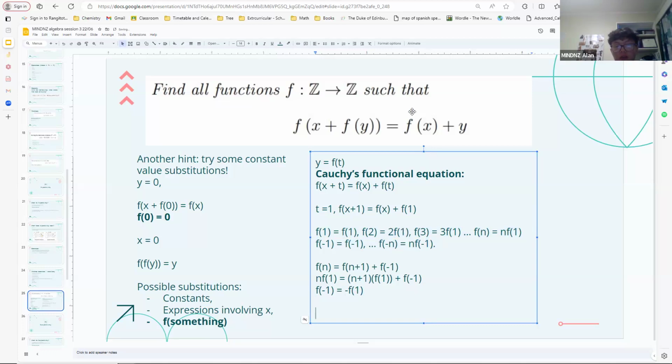How do we complete the problem? We know that everything, f of n, is in the form of n times f of 1. But the problem is still not solved, right? Why is it not solved? Can someone tell me in chat?